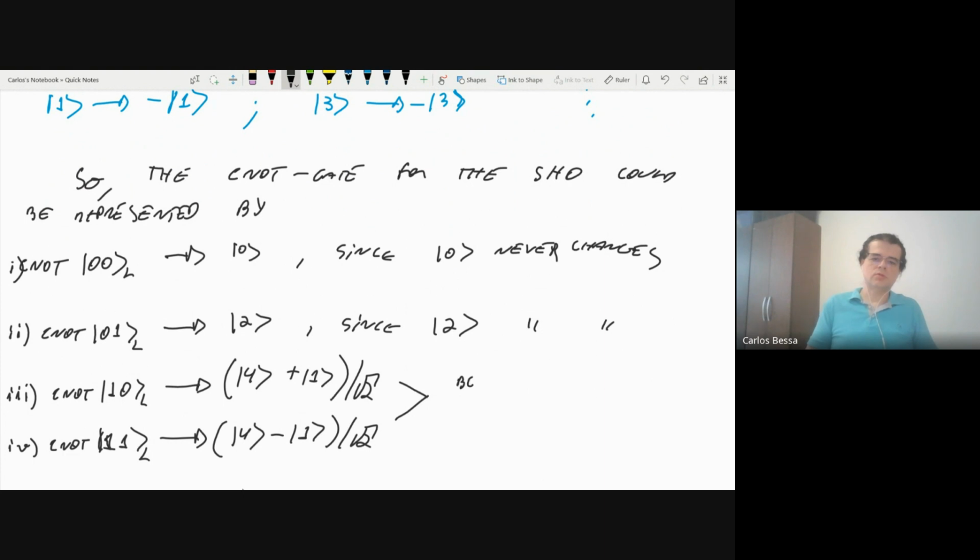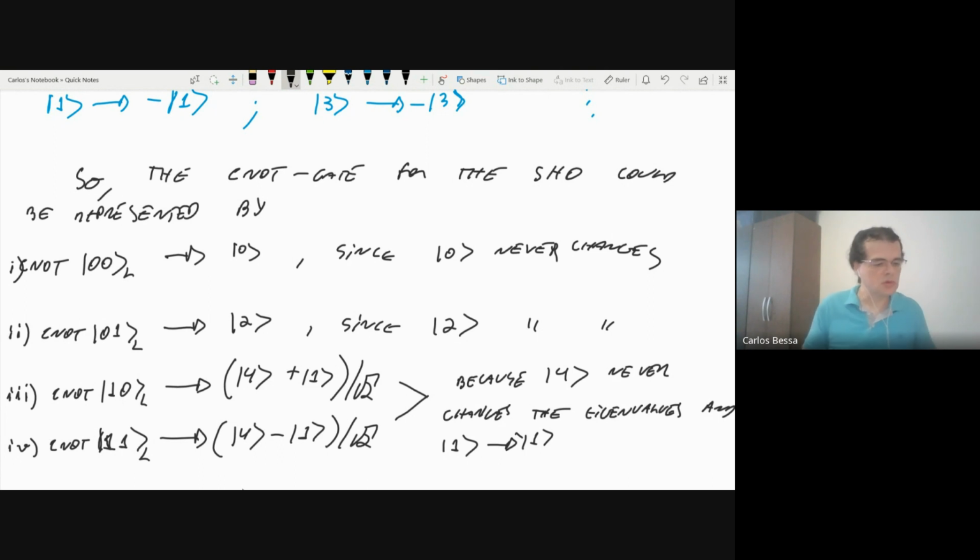So, because 4 never changes, when I say never changes, the eigenvalue is always +1, and 1 goes to -1 after a time interval of pi over omega.